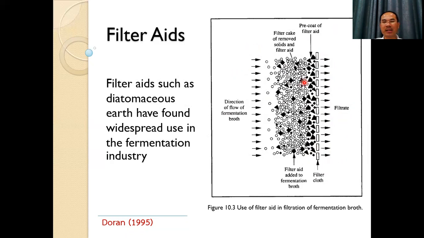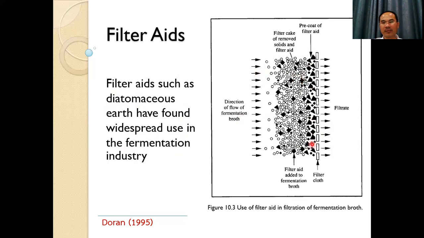To increase the efficiency of the filtration or separation, we may add some filter aid. Filter aid is a solid that helps improve the separation. Mostly we use diatomite, which is widely used in the fermentation industry. This is the filter aid.